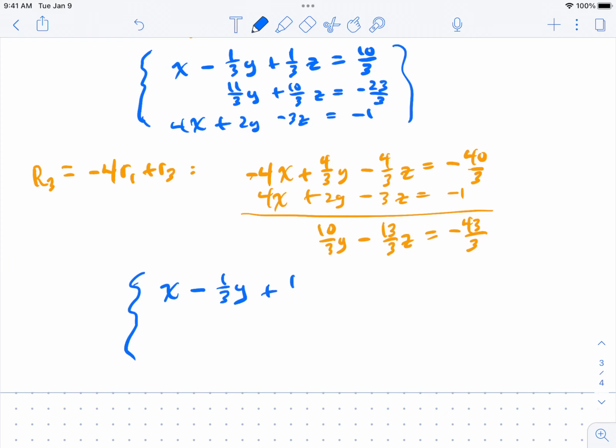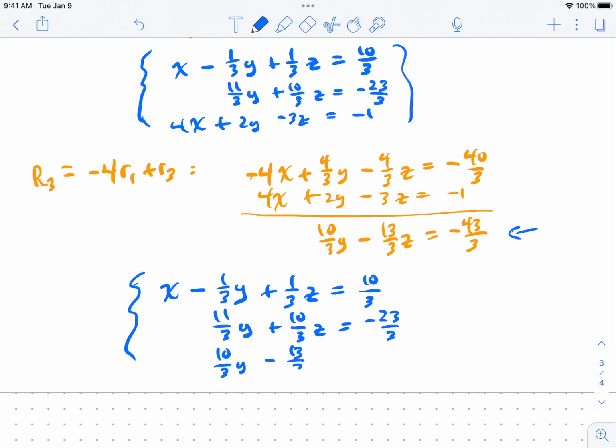The second equation we didn't change. Those we just copy from what we had. But this has become my new and improved bottom row: 10 thirds y minus 13 thirds z equals negative 43 thirds.